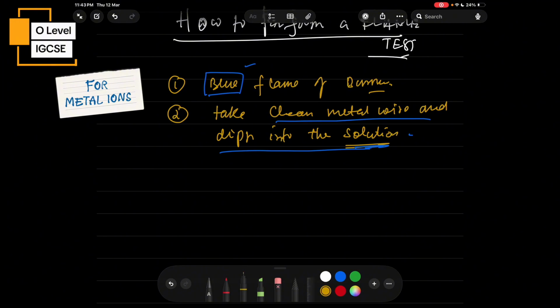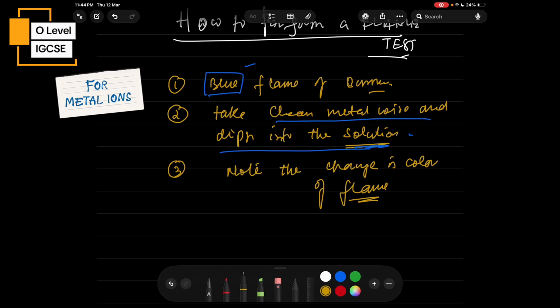The third step is to note or observe the change in color of the flame, and then you match it with the table to see which flame color corresponds to which metal.